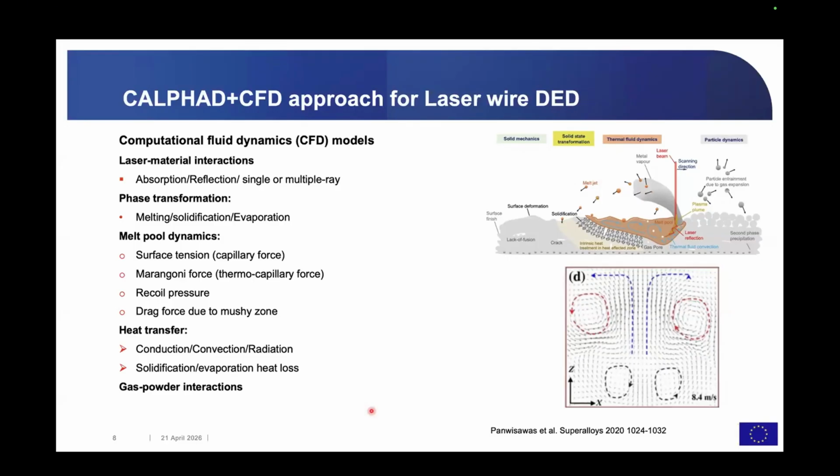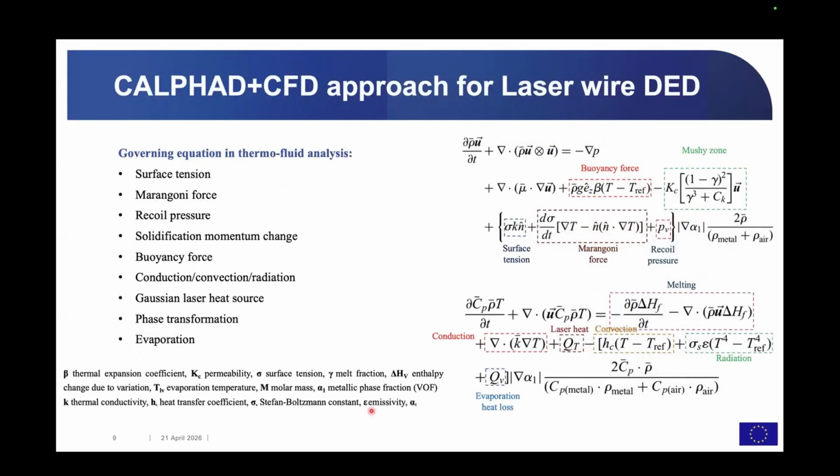One of the good things with the computational fluid dynamics or CFD approach is that the whole formulation can address many of these physics. For example, you can see the forces, the evaporation, surface tension effects, the liquid and fluid dynamics, and also things related to heat transfer.